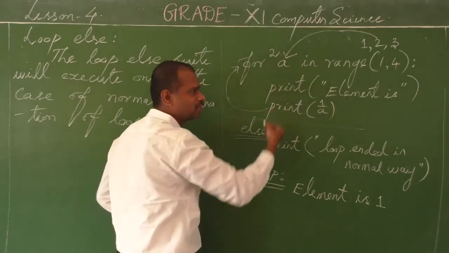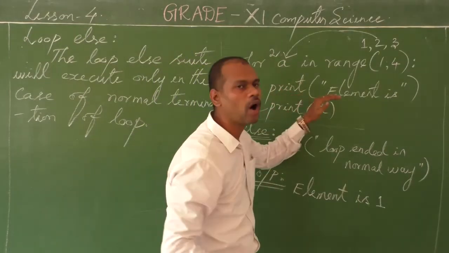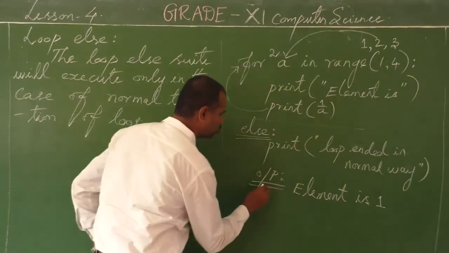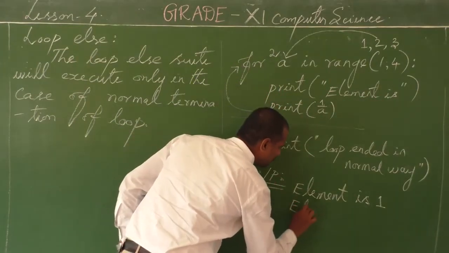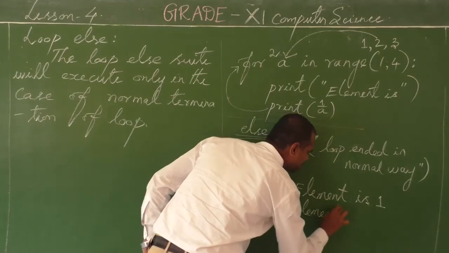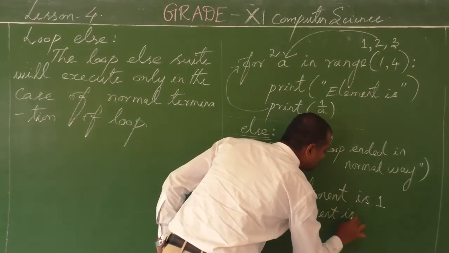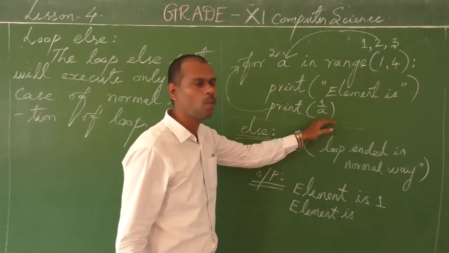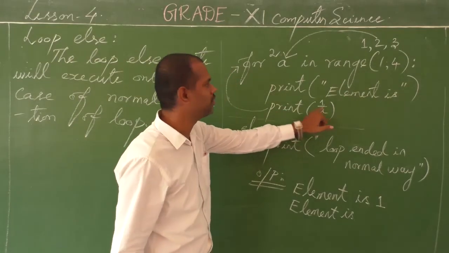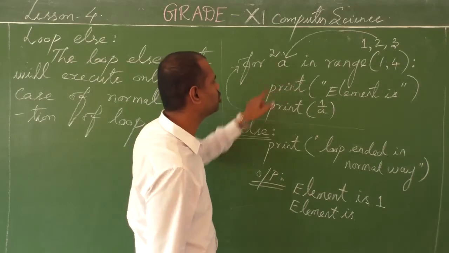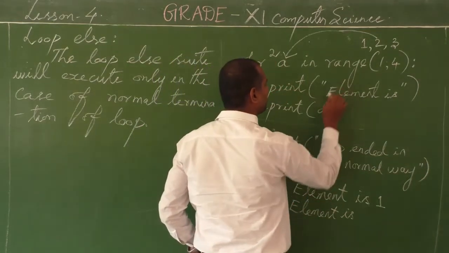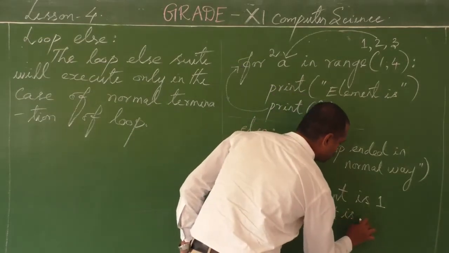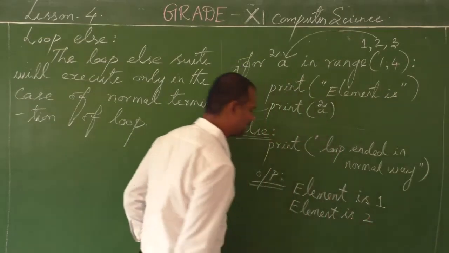Come inside. Print. What will be printed? Element is will be printed. So in the output, element is will be printed. Then print A. What is the value of A? We know that A value is 2. So here we have to write 2. So here element is 2 will be printed.